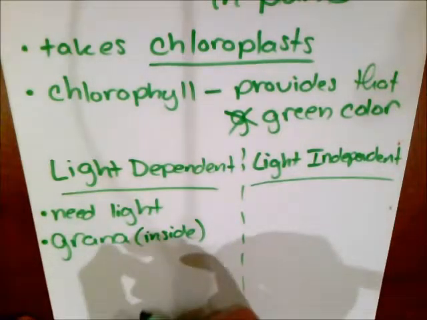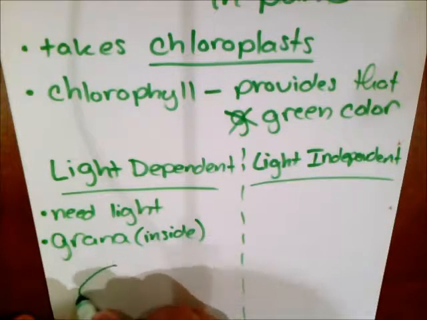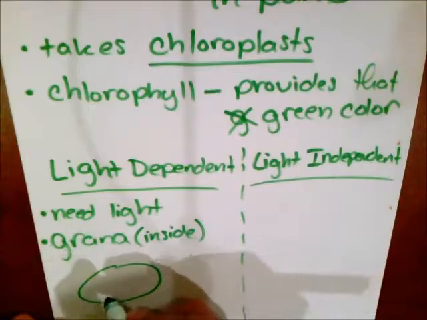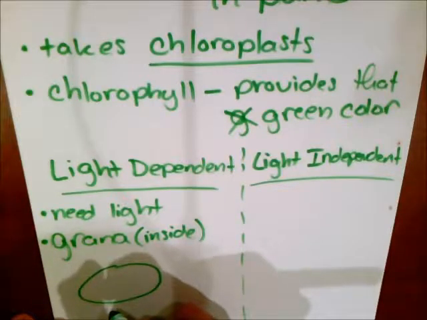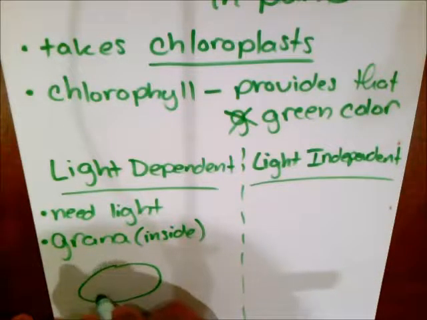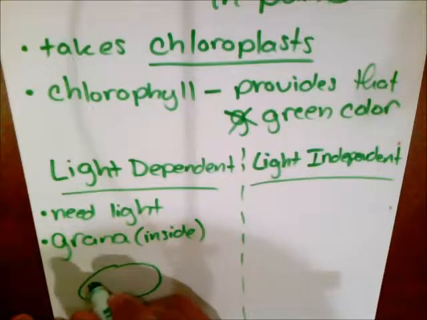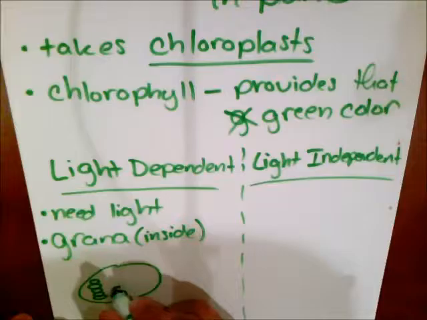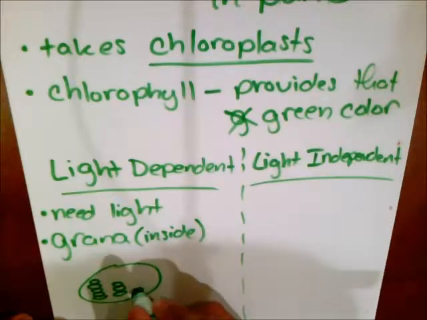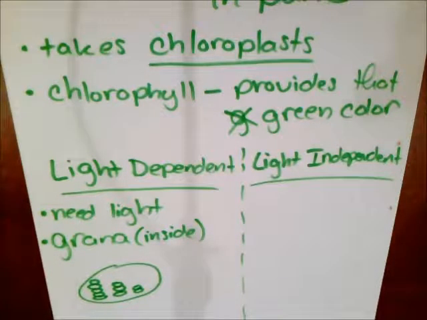I'll just draw one. Chloroplast looks something like this. So let's pretend this is a chloroplast. And inside this chloroplast, you're going to see little discs like this in stacks. They look kind of like pancakes stacked on top of each other, all varying sizes. And these little things are the grana.